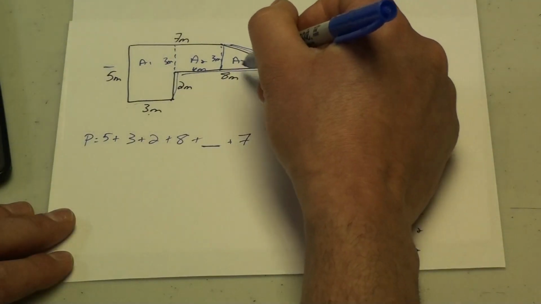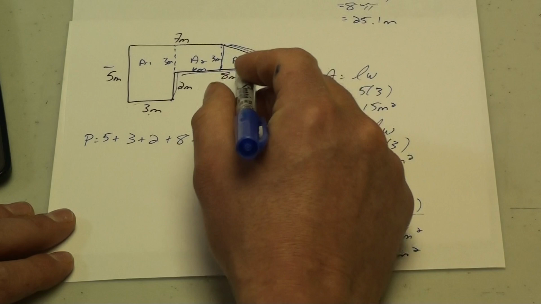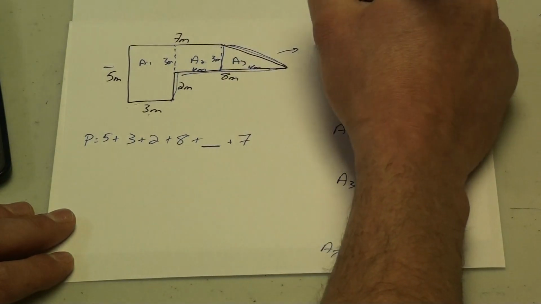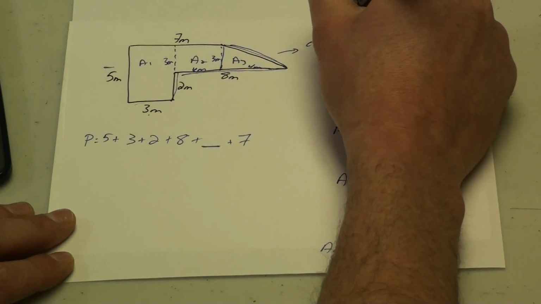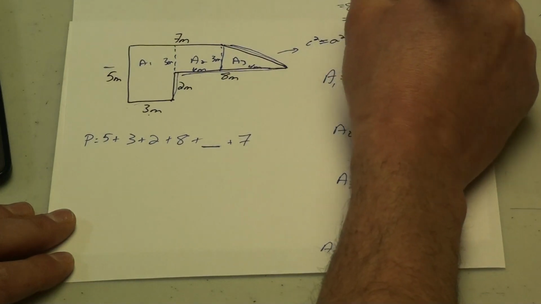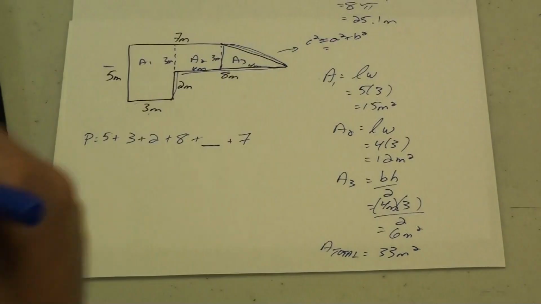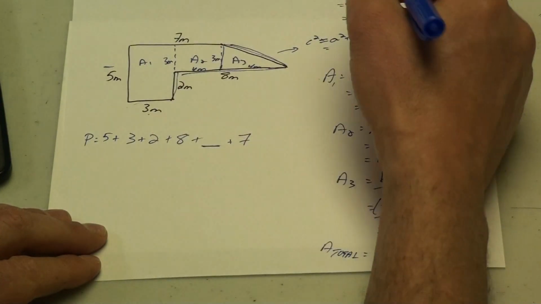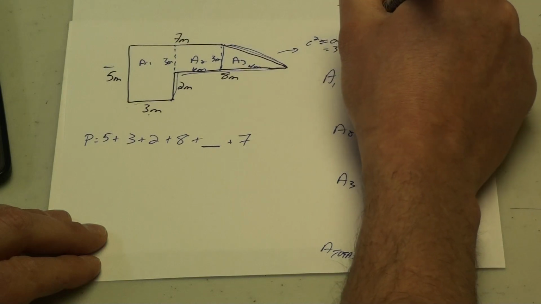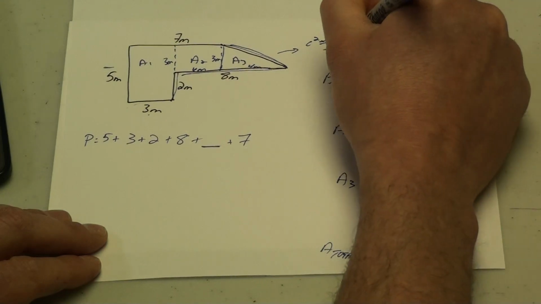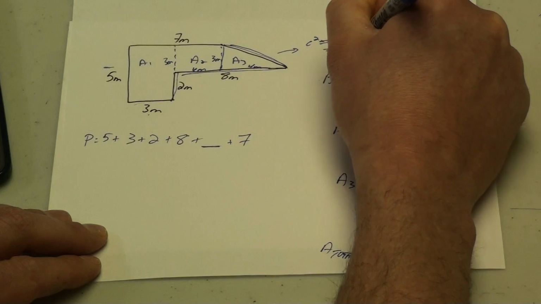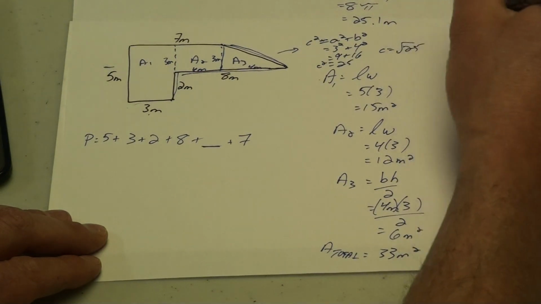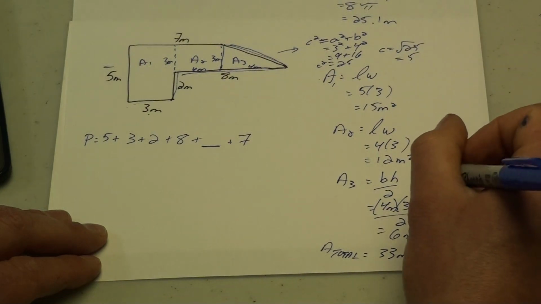So I need to figure the diagonal amount, how much to put in. So the diagonal, I had a triangle, which is 3 meters by 4 meters. I need to figure out how much that diagonal is. Now we can use what's called the Pythagorean Theorem. C squared equals a squared plus b squared. This can come from a different video if you're not sure what I'm talking about for Pythagorean Theorem, but you're going to put in your two shorter sides, 3 squared and 4 squared, which give me 9 plus 16, give me 25 as my c squared, and c equals the square root of 25, which is just 5.